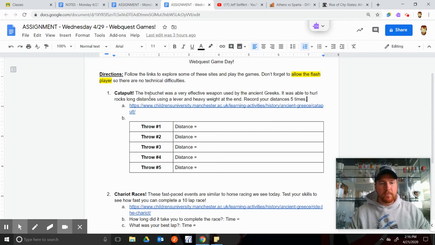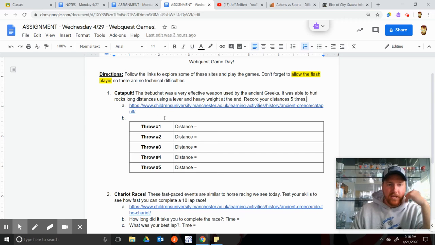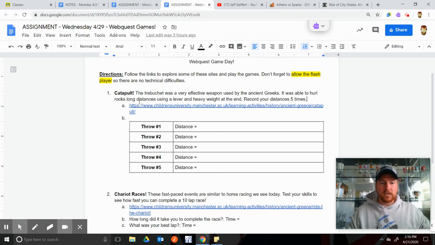So that was called a trebuchet or a catapult, and there's just a fun game where you're going to see how far you can shoot your trebuchet. These tools were great for battle, breaking enemy defenses. If they were far distances away, you were able to shoot these catapults at them and try to break their enemy lines.